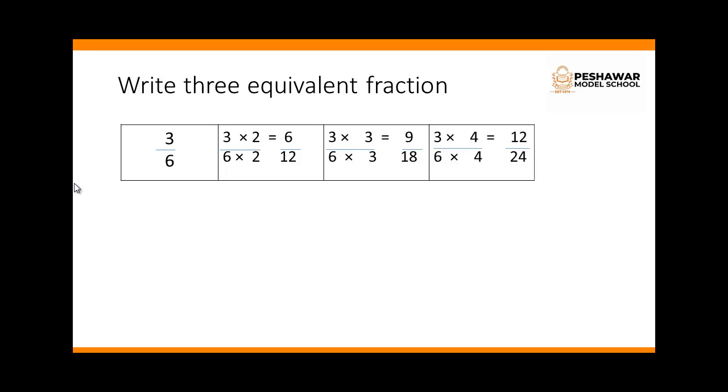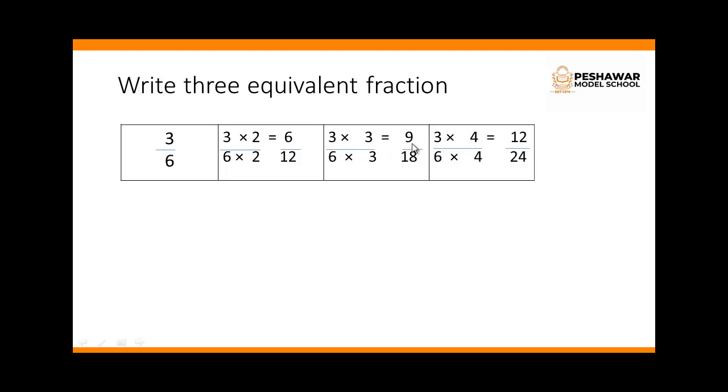Find the equivalent fraction of 3 over 6. Let us multiply the numerator and denominator of the fraction with the number 2. We will get 3 into 2, 6 into 2, which is equal to 6 over 12. Again we multiply 3 over 6 with the number 3.